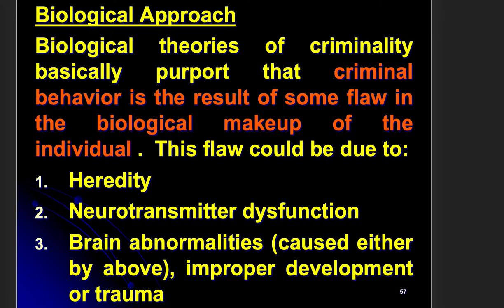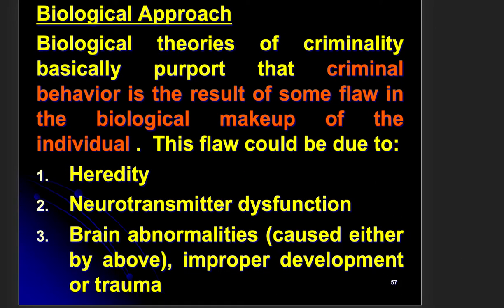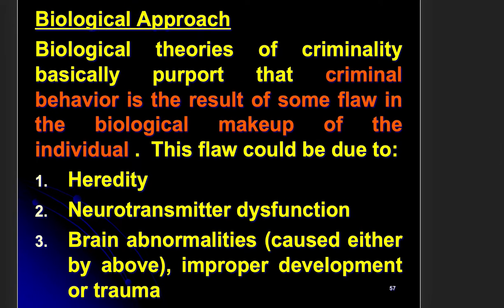Now, for the biological approach, there are four principles that we need to understand and familiarize ourselves with. And while we are in this subject, it's better not to memorize these principles. Here are the principles of the biological approach.